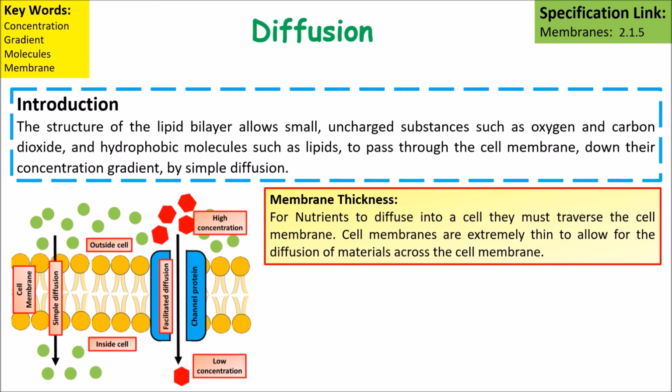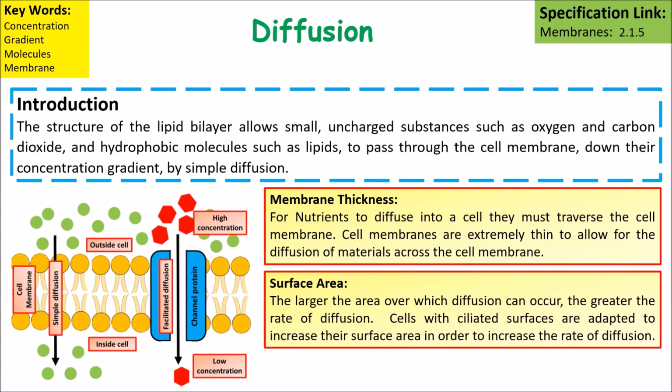Cell membranes are extremely thin to allow diffusion of these minerals and materials to happen more quickly. And surface area: the larger the area over which diffusion can occur, the greater the rate of diffusion. Cells with ciliated surfaces are adapted to increase their surface area in order to increase the rate of diffusion.